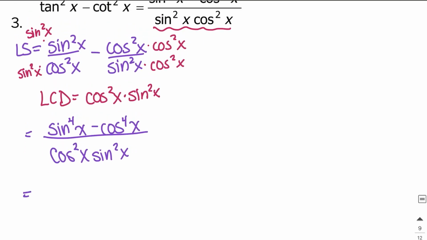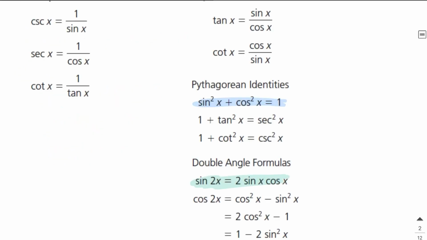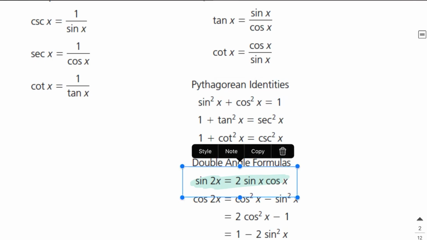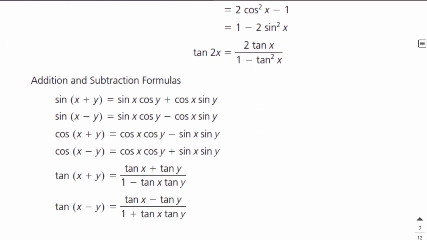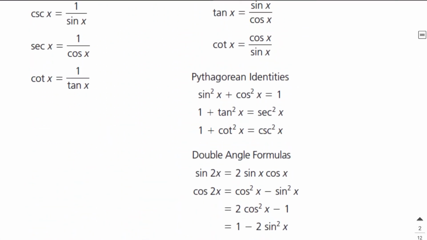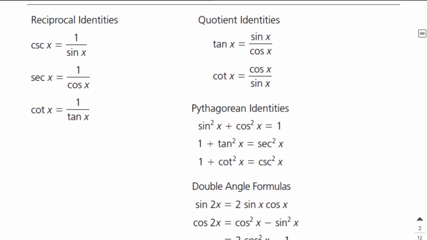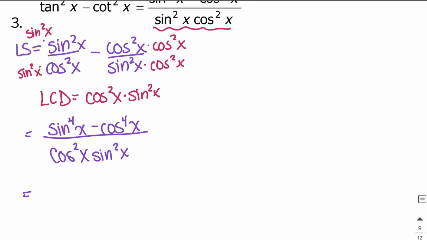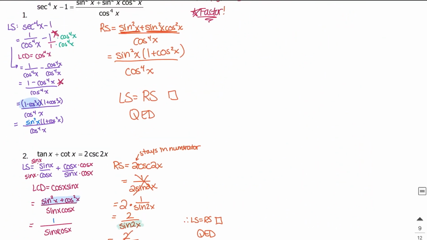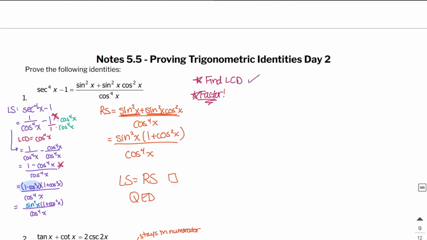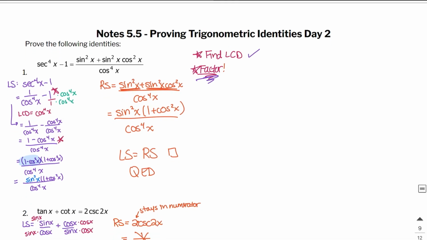Now, there's not really a whole lot more that I can do with this. And if I go back and I look at all my identities that I have here, there's nothing about anything to the power of 4. So this isn't going to be helpful to me yet to use my identities. So what are some other things that we have done in the past? We said find an LCD, which we've done, but factoring is going to be really helpful as well.